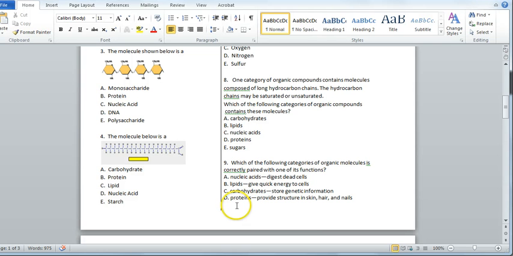Okay, it's proteins. So what's the mix-up here? What's the function of nucleic acids? It's to store genetic material. And lipids are not quick energy, they're long-term energy. And carbohydrates are quick energy.